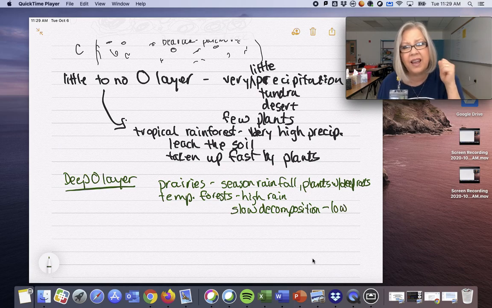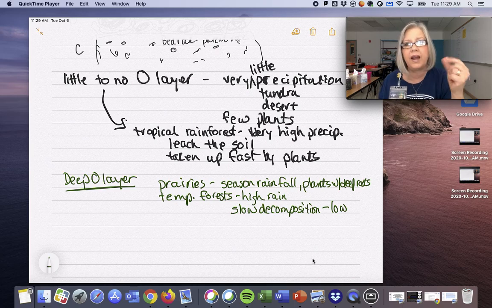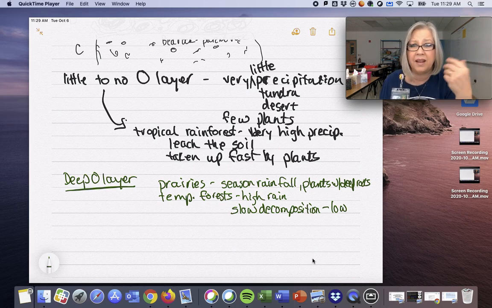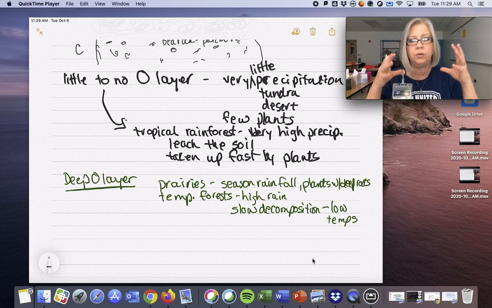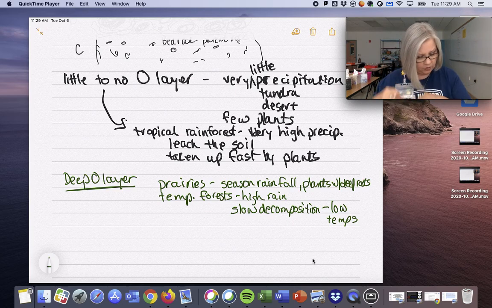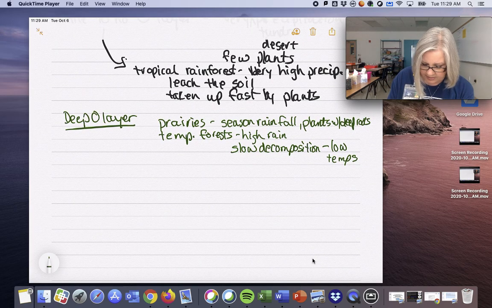So it's not going to get warm, whereas in the tropical rainforest you're going to have that high decomposition happening because of the amount of decomposers that are present in it. But here these low temps are going to keep those decomposers from being able to break the organics down very quickly.